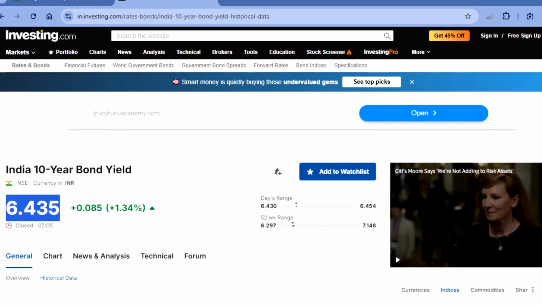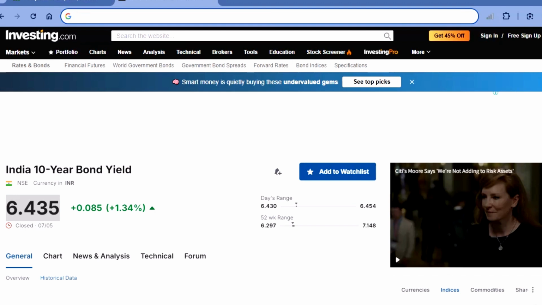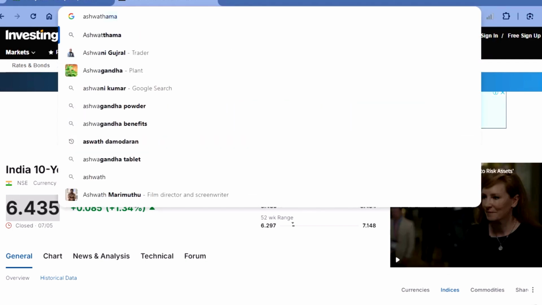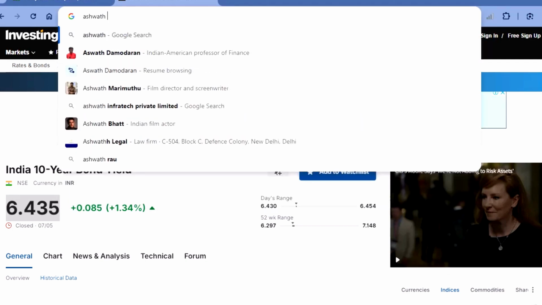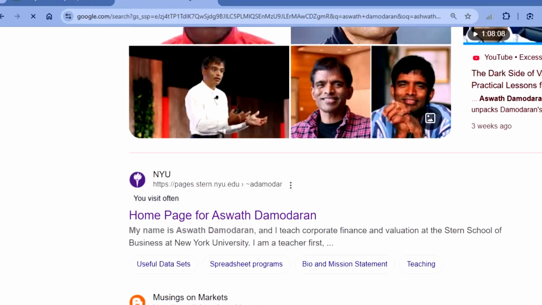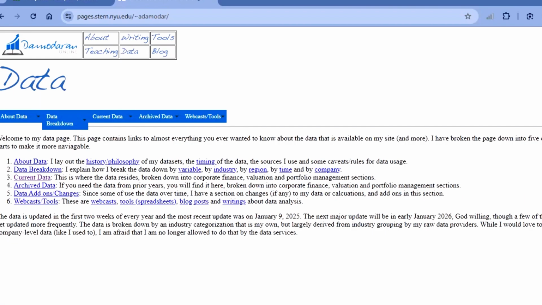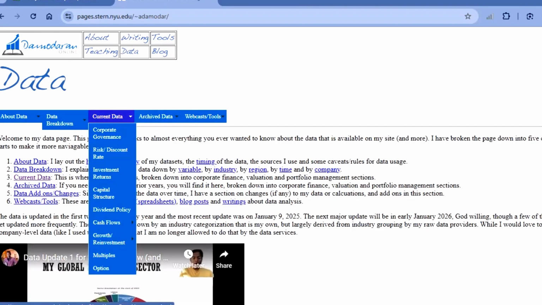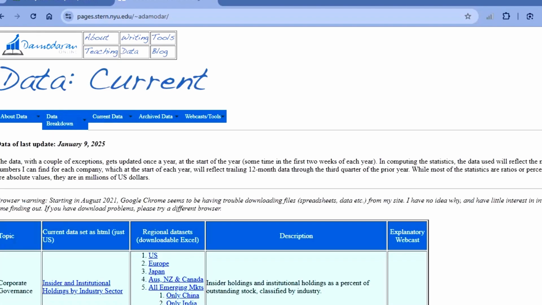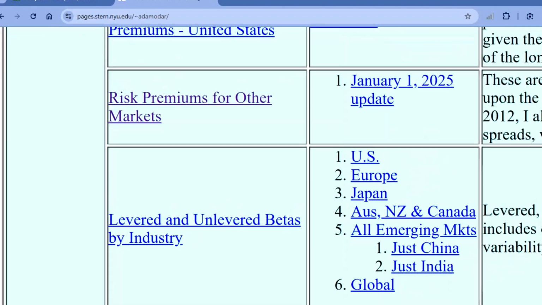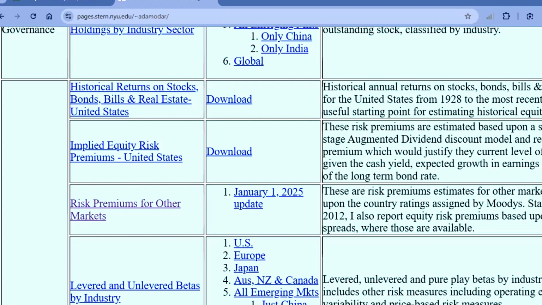For this, there are multiple ways to find it, but we will search Aswath Damodaran on Chrome, and you will get this website. Open this. Go to data. Go to current data, and you will find this. These are the risk premiums of other markets.